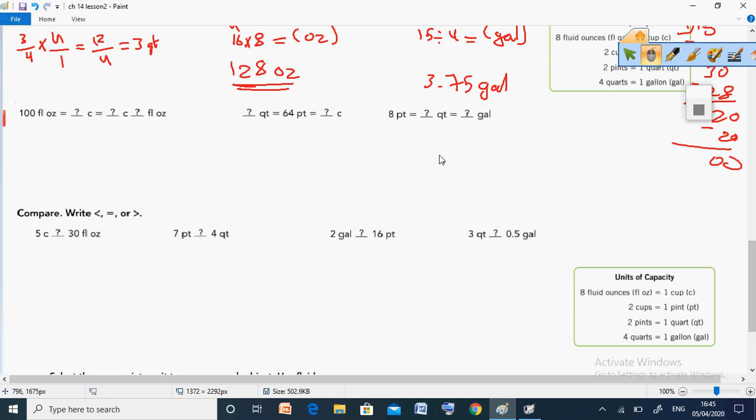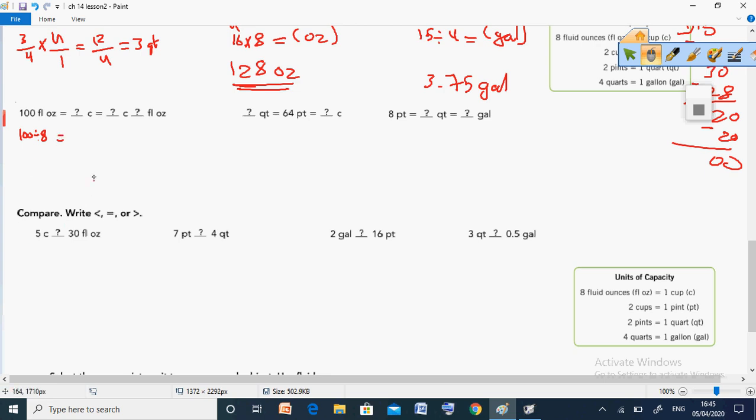Okay, look now, 100 fluid oz, to cups. Again, inside each cup we have 8, so I will say 100 divided by 8.